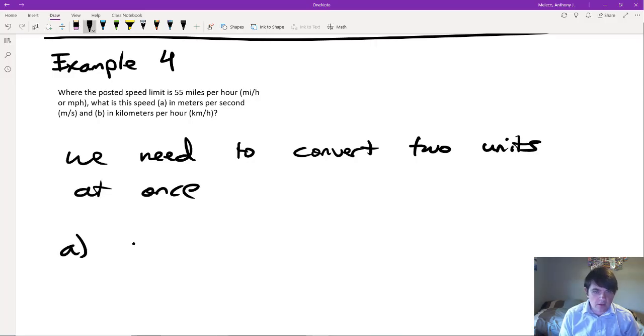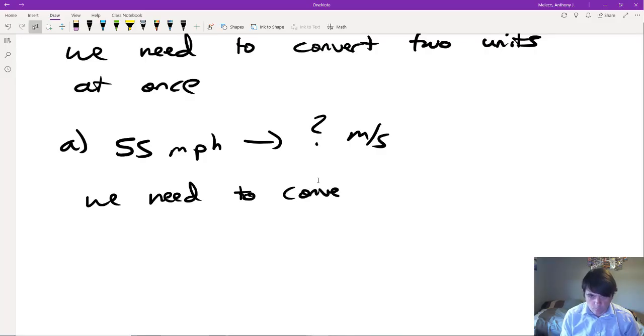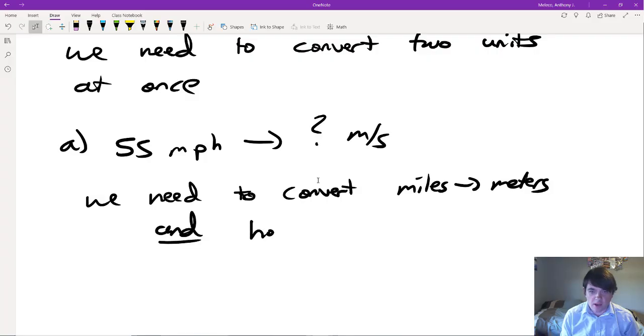So for part A, it's 55 miles per hour into meters per second. So something in meters per second. So we need to convert miles to meters and hours to seconds. How do we do that?